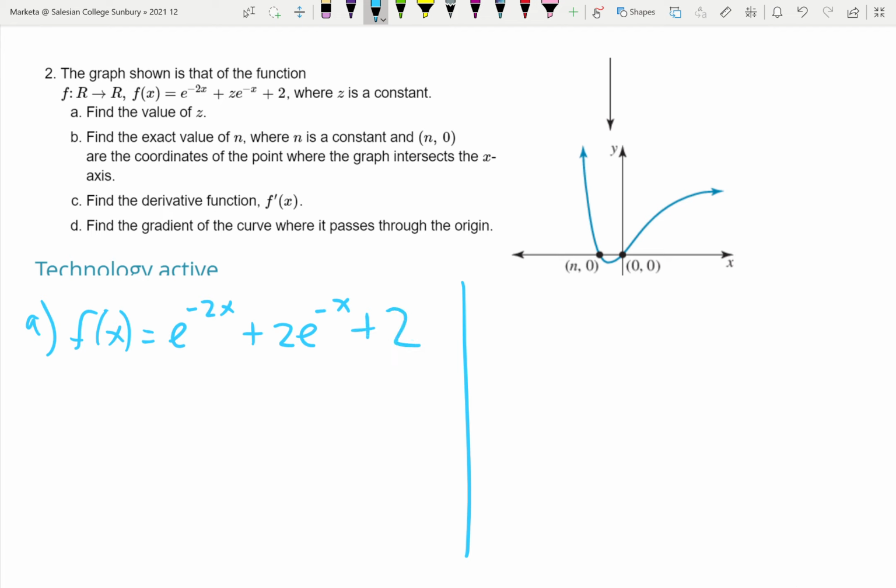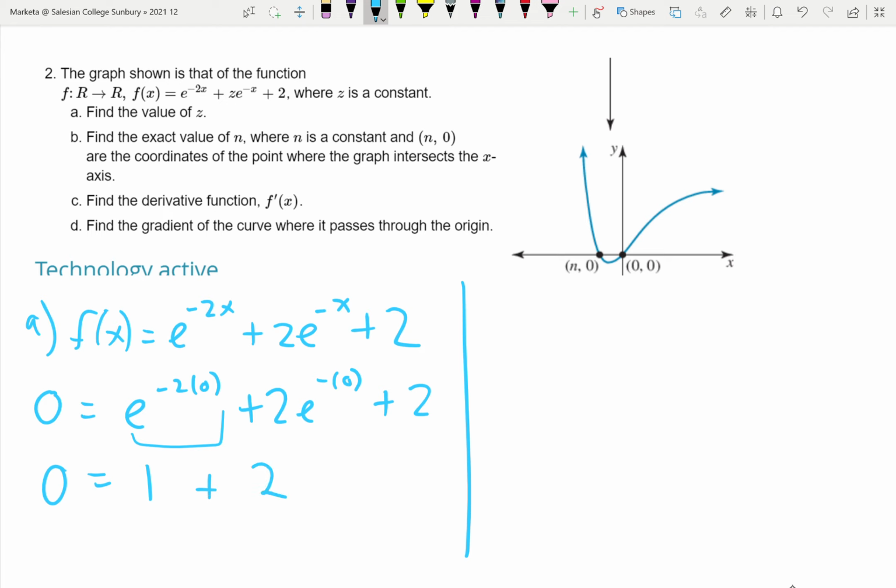I'm going to sub in the point that we know, 0, 0. So 0 equals e to the negative 2 times 0 plus 2e to the negative 0 plus 2. Oh, that's a z, sorry. Better write it properly. So 0 equals 1 plus z times 1 plus 2. So z equals negative 3.